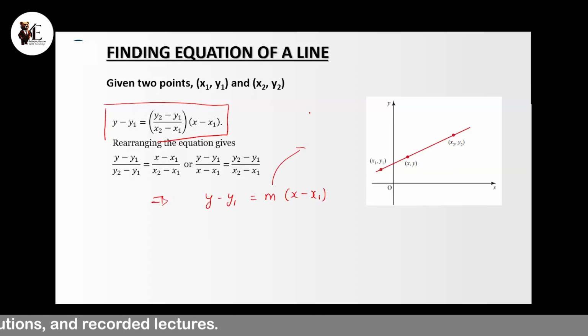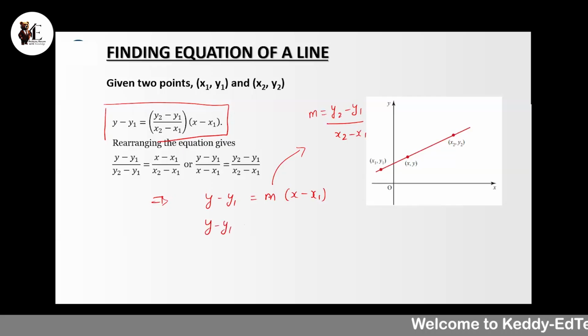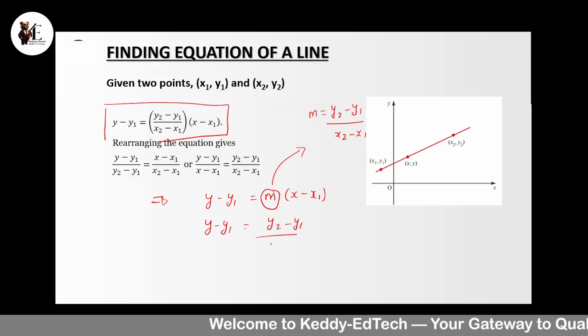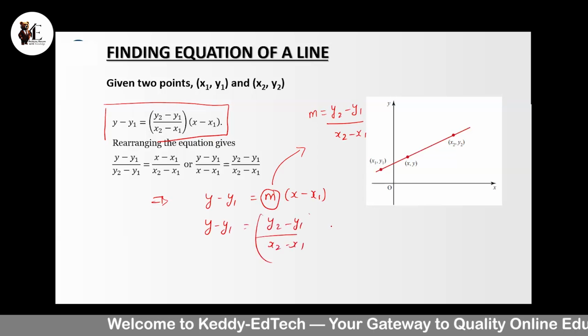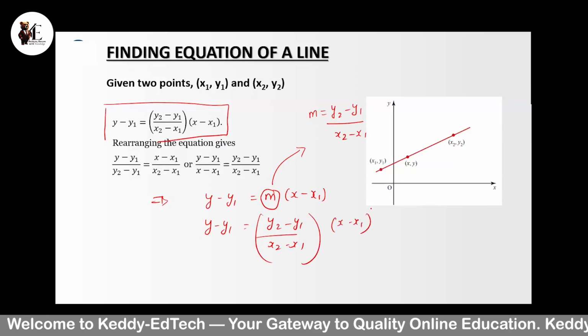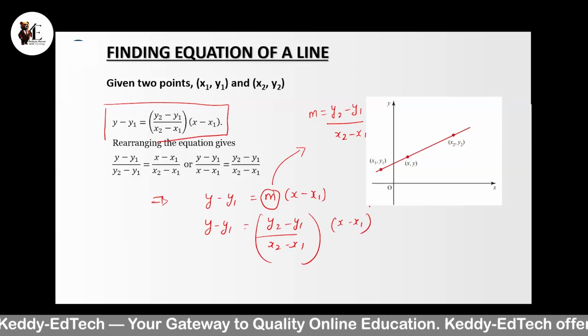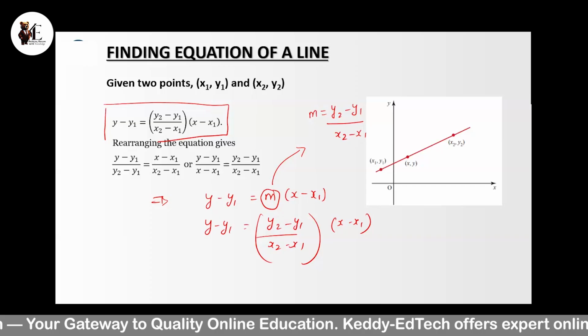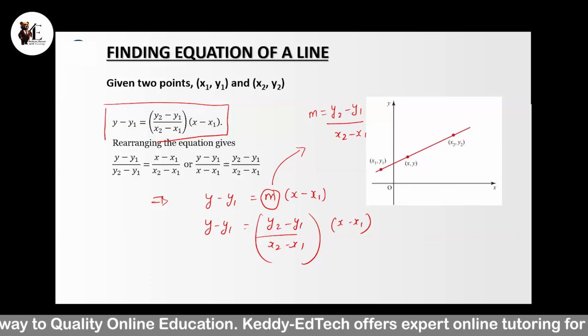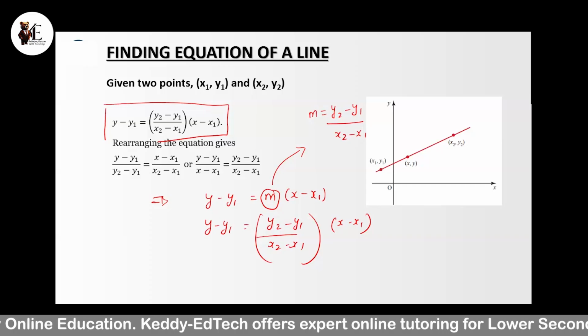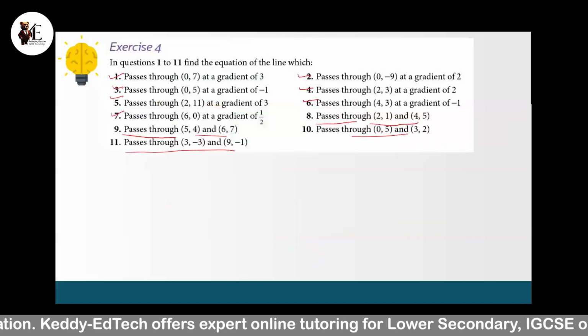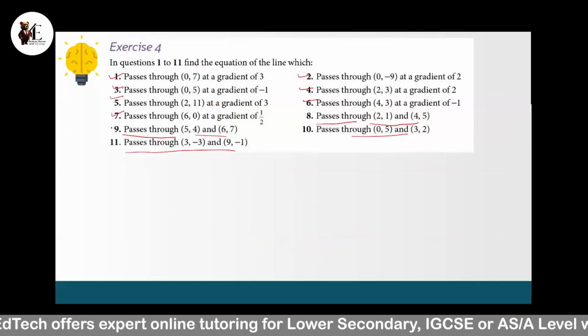And as you have told me, we have one formula also, that m is equals to y2 minus y1 over x2 minus x1 when the line is passing through the 2 points. So what they have done, instead of this m, they have used this formula y2 minus y1 over x2 minus x1, and all of the other terms remain the same. They have just substituted the formula of the gradient when the line is passing through the 2 points.